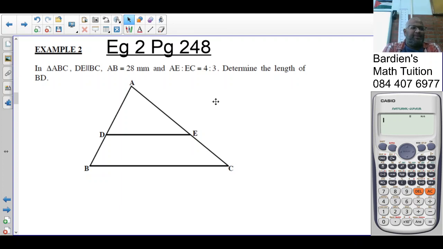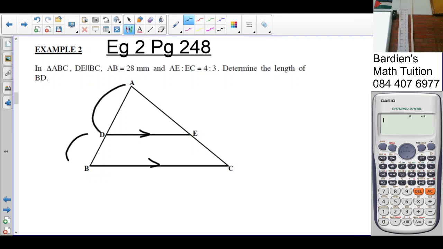Okay? So if they tell us this is parallel, what comes to mind immediately? The proportionality theorem must come to mind immediately. So if that is the case, what do we know? We know that AD over BD equals AE over EC.